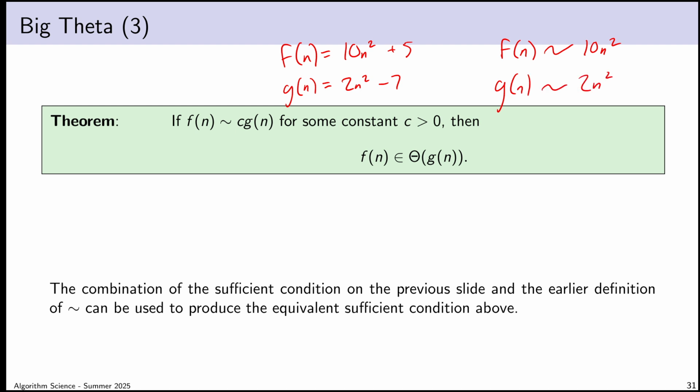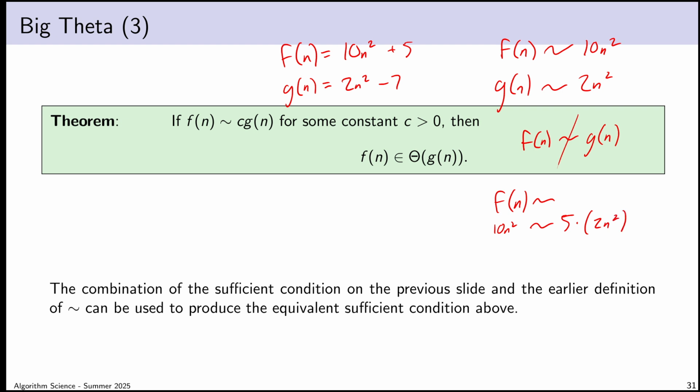Is it true that f asymptotically approaches g? And the answer is no. So f does not asymptotically approach g, because if I take the limit of 10n squared over 2n squared, the limit is not 1 as I go to infinity. However, f does asymptotically approach 10n squared, and I could write 10n squared as 5 times 2n squared.